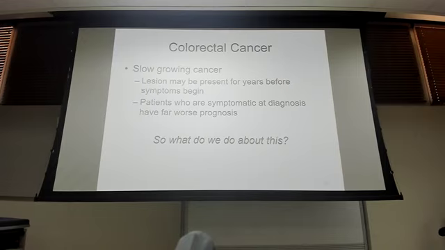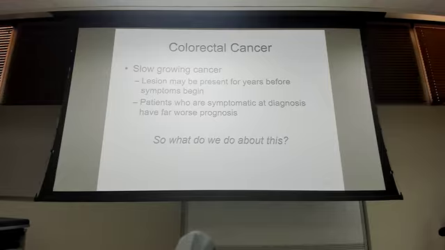Slow growing over many years, that's why screening is so effective. If we can identify those adenomatous polyps, we can possibly prevent them from turning cancerous. You may have that polyp for years before you have any symptoms, but if we follow routine screening guidelines, we can identify it with a colonoscopy, take a little biopsy, and have it looked at under the microscope.